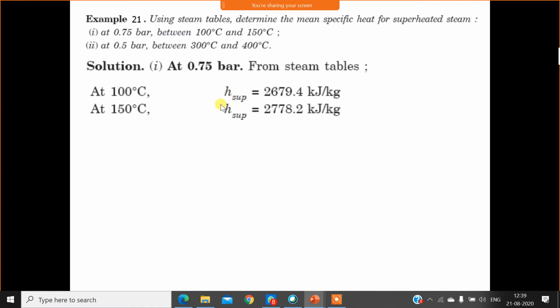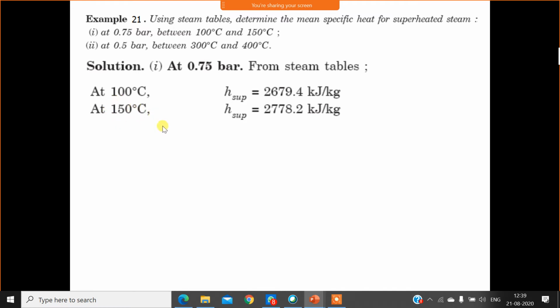But we have to calculate specific heat between these two temperatures. Therefore, we consider 100 degrees Celsius as the minimum temperature and 150 degrees Celsius as the maximum temperature of superheated steam. Therefore, minimum temperature we consider as the saturated temperature, and 150 degrees Celsius as the superheated temperature.